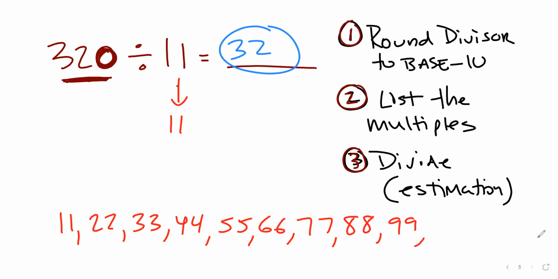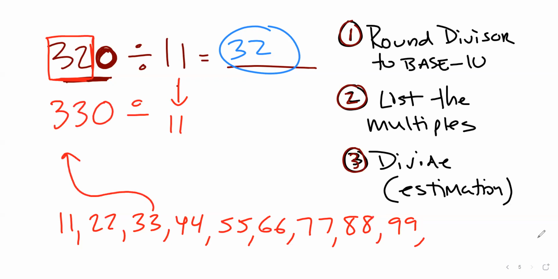And I'll just stop there, because I didn't have to go much further. If I think about the non-zeros in this problem up here, this is a 32. Well, if I look, this 33 is a great place to round it to, right? And then again, 33 divided by 11 is 3.